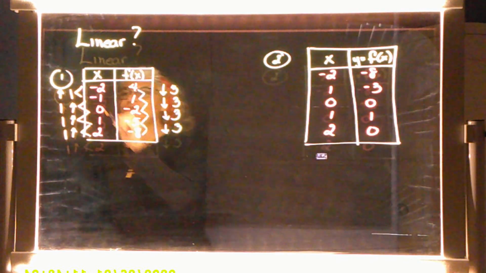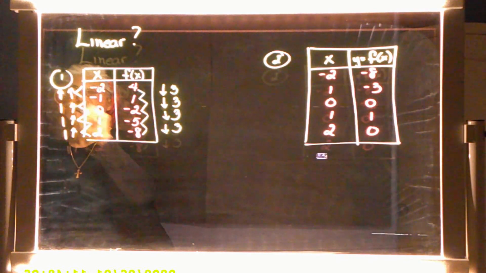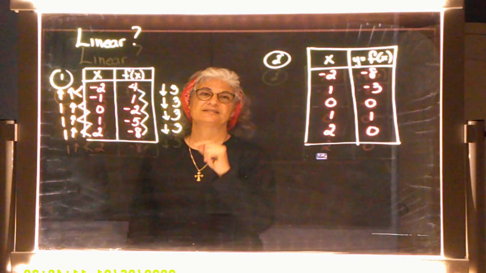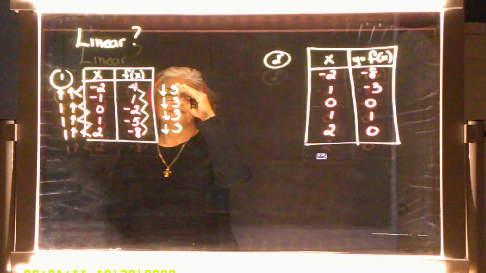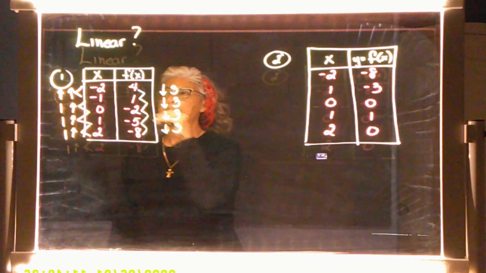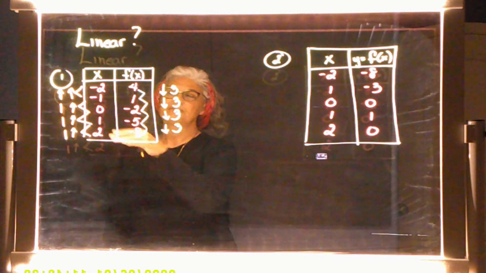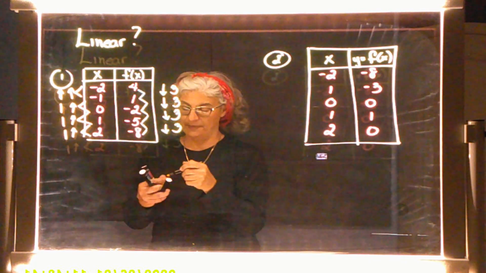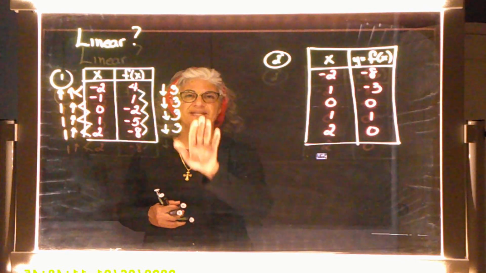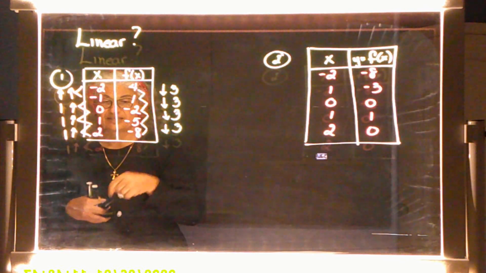So here's what I'm noticing. I'm noticing that my y's are consistent. The difference between every y is down by 3. My x's are consistent. Between every x's, they're all going up by 1. So I have a consistency between what's happening to the y's and what's happening to the x's.